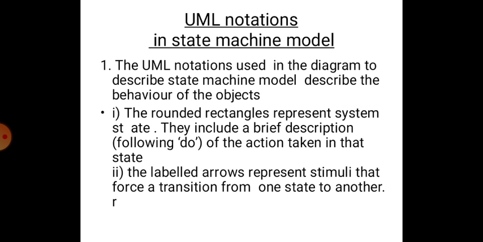They include a brief description, such as in the bracket following the do operation, of the action taken in that state. So in the rounded rectangle, you find that it is a named rectangle, and after the command do, you find what action is taken. The labeled arrows represent stimuli that force transition from one state to another. This we have seen in the diagram.